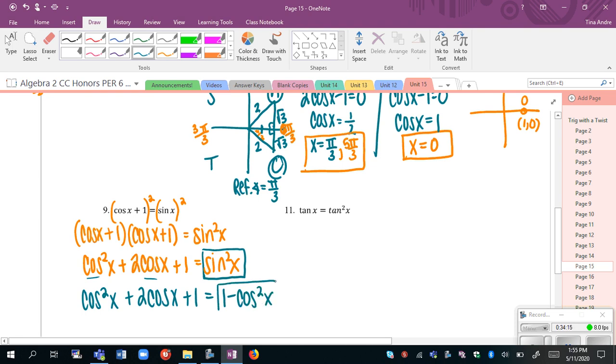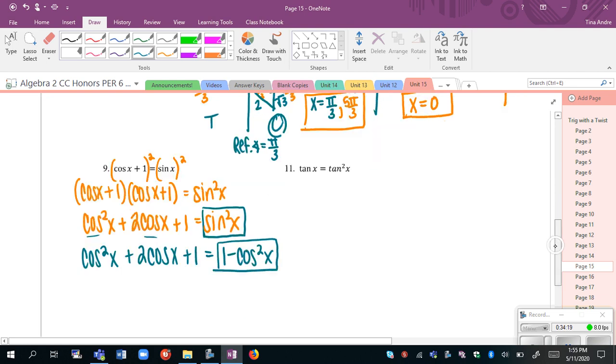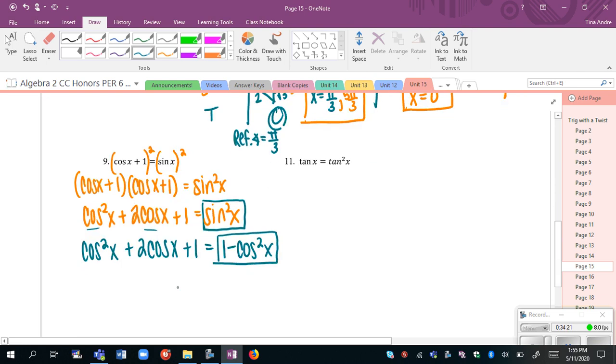Again, I just used that Pythagorean identity. I didn't show it again because we've used it so much, but that's exactly what I did. Now I can regroup this and combine like terms. I end up with 2 cosine squared x plus 2 cosine x.